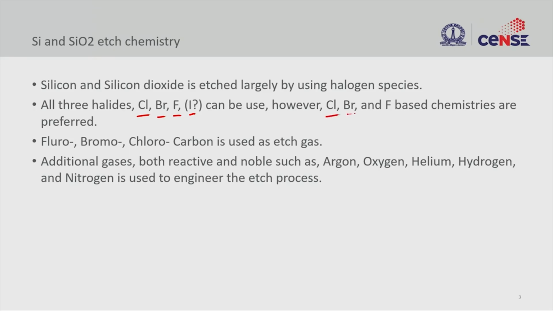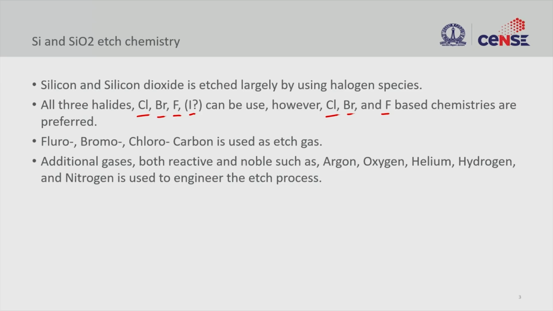So we primarily use chlorine, bromine, and fluorine as gases for etching, and we use them in combination with carbon as the etch gas. You either use chlorine as a separate gas or you use CCl4. When you use CCl4, you get a large number of chlorine atoms rather than with Cl2. That is the primary idea: a stable gas that carries the most reactive species.